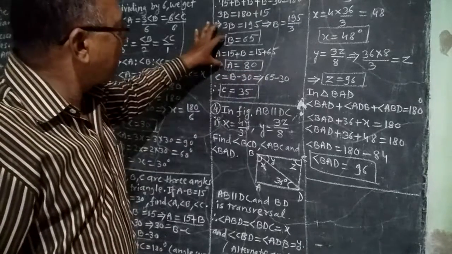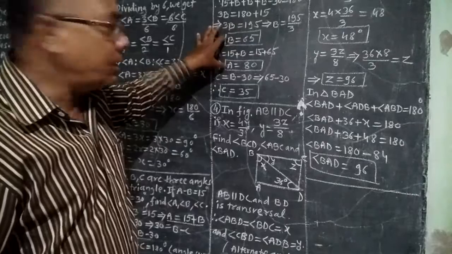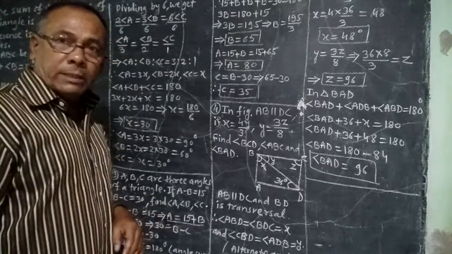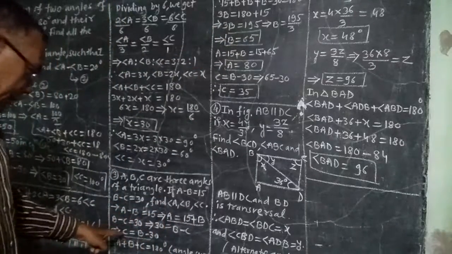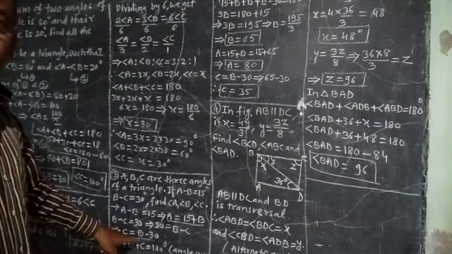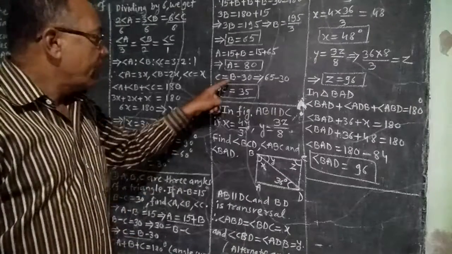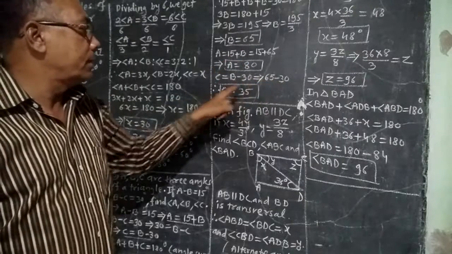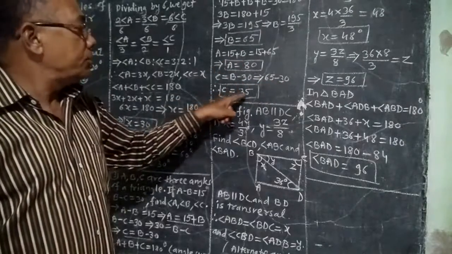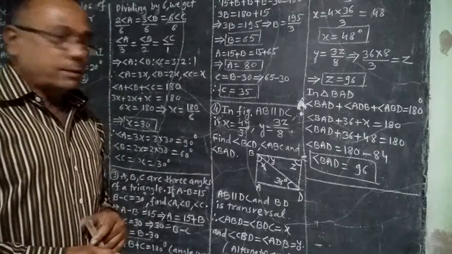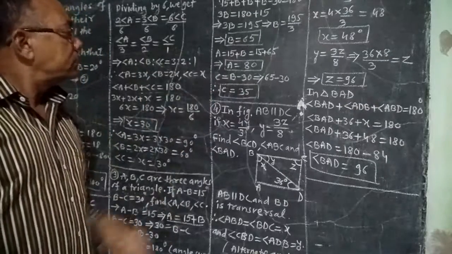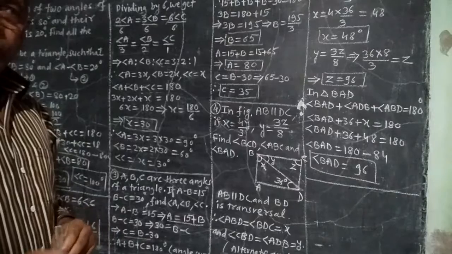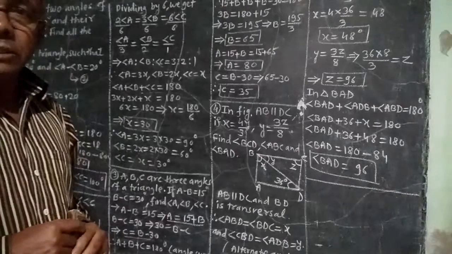In this way we have found the measure of angle A and angle B. Now to find the measure of angle C, we know that angle C is equal to B minus 30, that is equal to 65 minus 30, and therefore C is equal to 35, and that is the measure of the angle C.